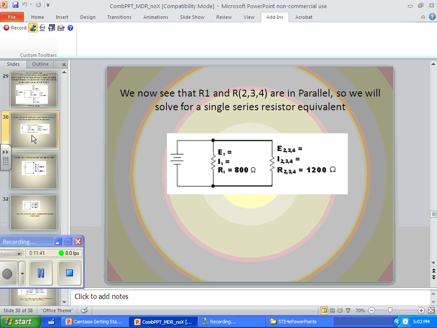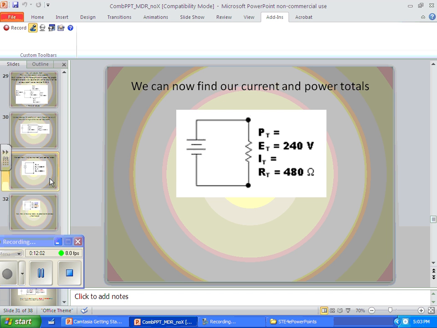So we're going to simplify that down to an equivalent single series resistor, R234, and 1200 ohms is that one. We also have an original 800 ohms, and we can now see that it's a parallel circuit that we simplified it down to, right? So now we want to simplify the parallel circuit with 800 and 1200 into a single simple series resistor.